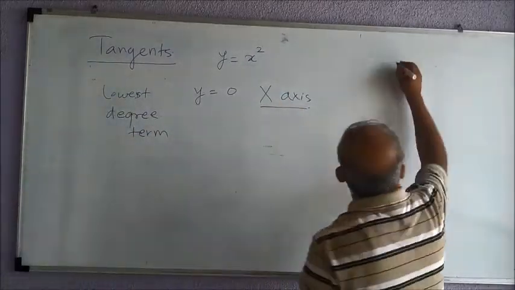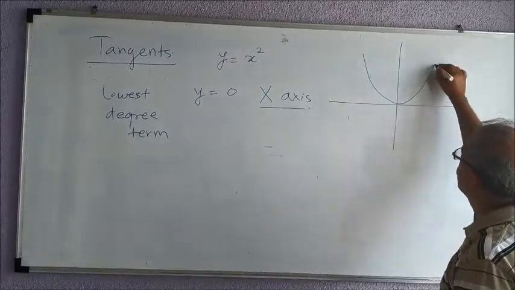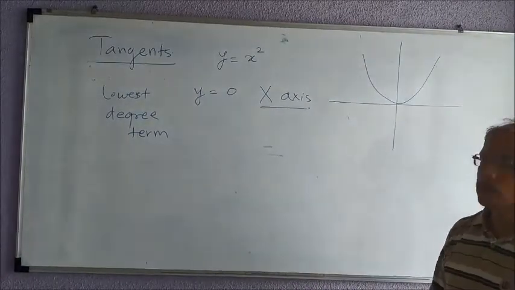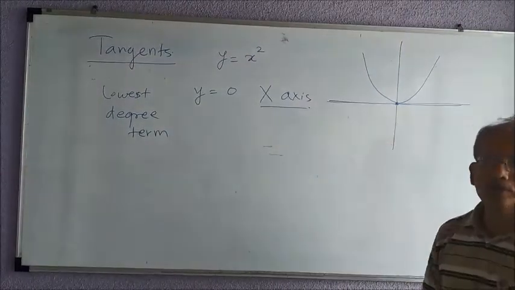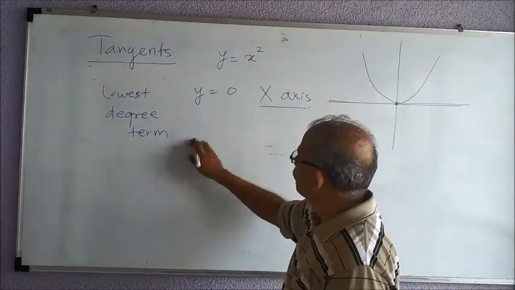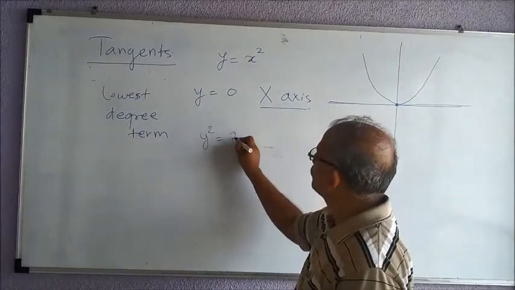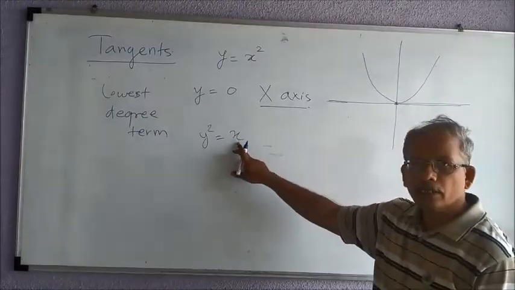If you draw this curve, it is like this. This is y equal to x square. See that the x-axis becomes the tangent at origin. Another example you can take, y square is equal to x. The lowest degree term is what? x.